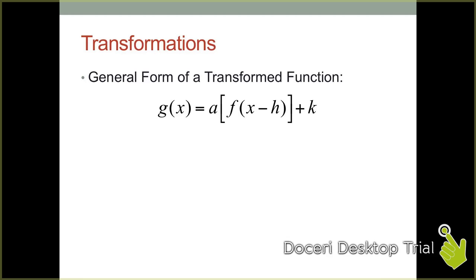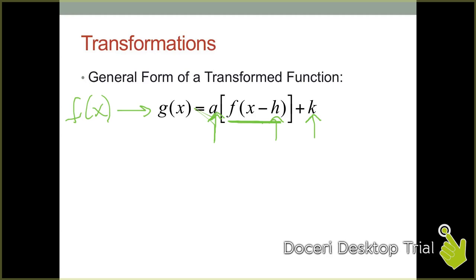Transformed function looks like this. So we're saying that we want to start with a function f of x, and we want to create a new function g of x. And we can do that by inserting different numbers in different places and doing different things with it. So we've got the a out here in front. That is in front of this function, and that is being multiplied.